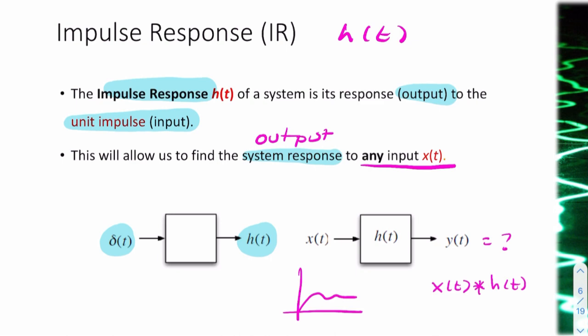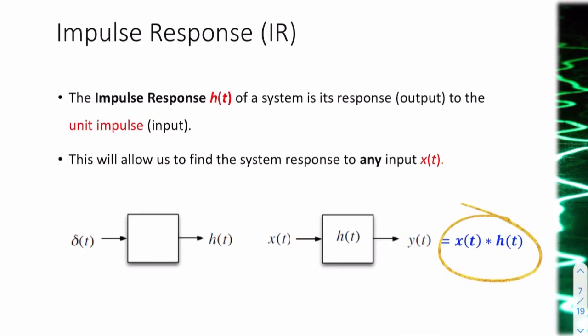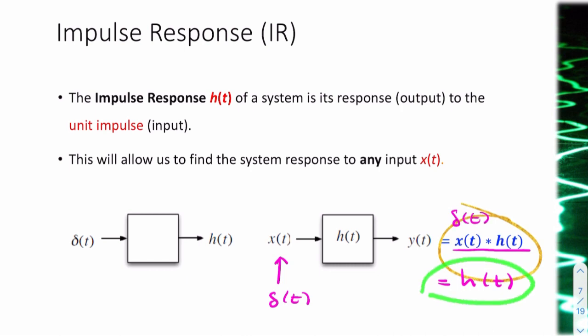So that's what we learned last week. Okay, so that's your convolution. So if you happen to replace that with an impulse, this should give you your impulse response. And if you think about it, when you convolve a delta function with anything, you get your original function back again.